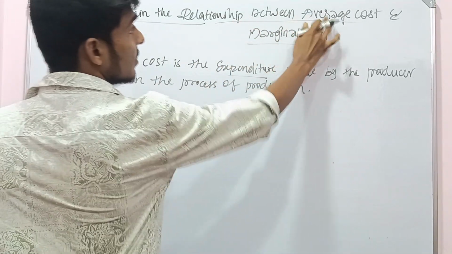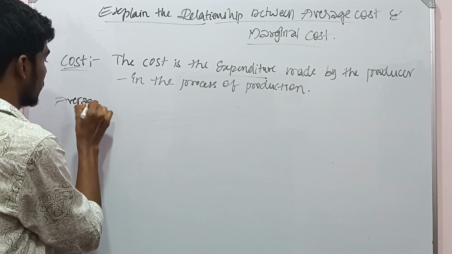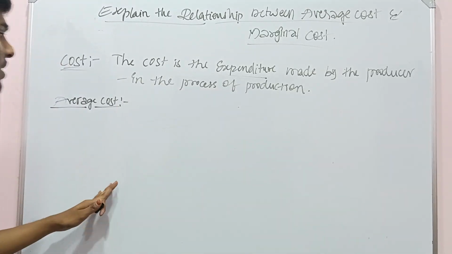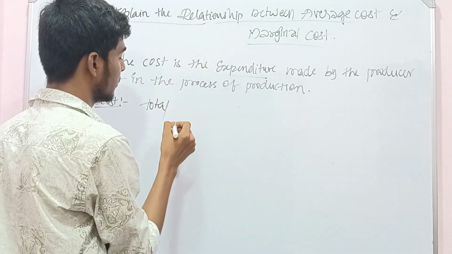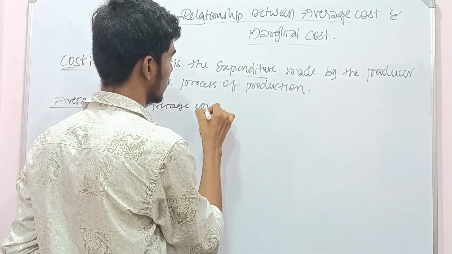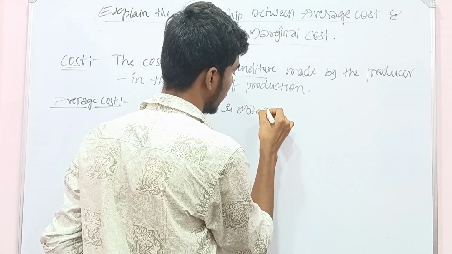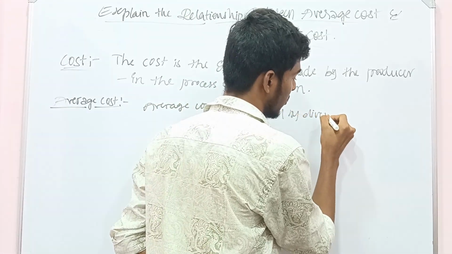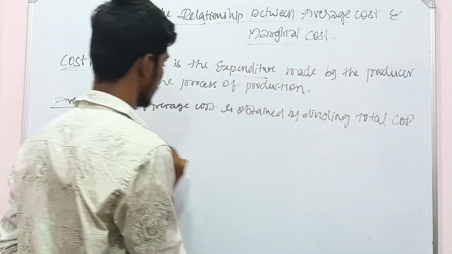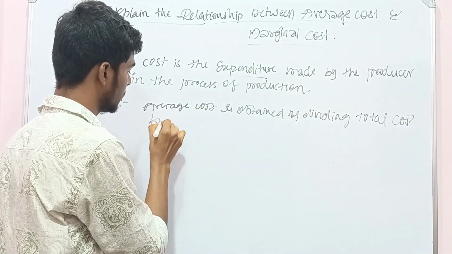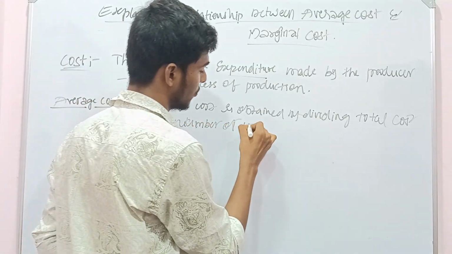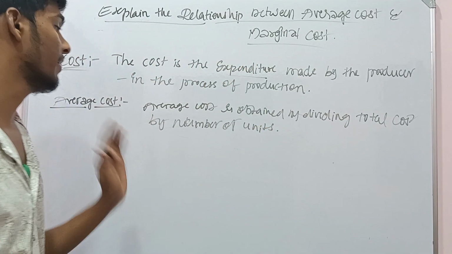Here next, the average cost. The average cost is obtained by dividing total cost by number of units.